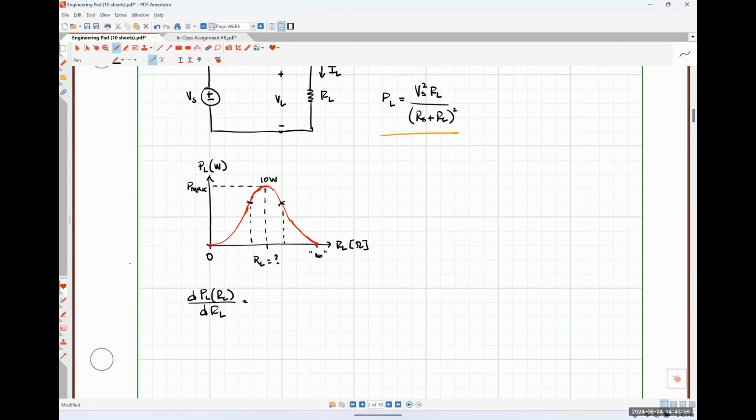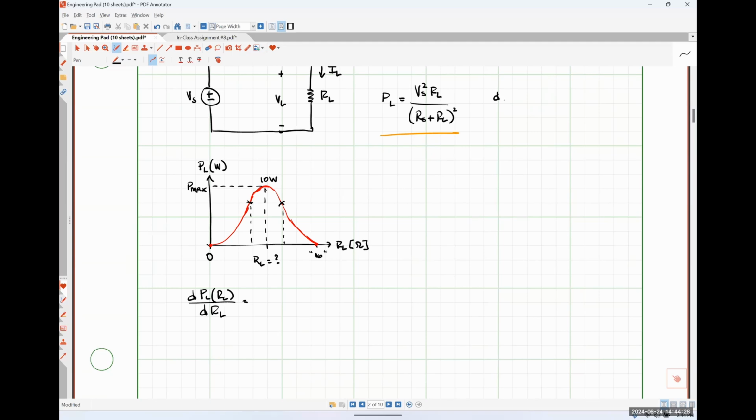Now, to me, this looks like we should use the quotient rule because I have a function of RL in the numerator and a function of RL in the denominator. So it's been a hot minute, so please correct me if I'm making a mistake here. But I believe the quotient rule effectively tells us, so let's see.